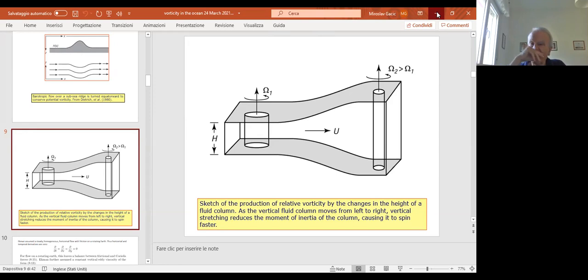Because you remember before, we tried to interpret the global ocean circulation, the global conveyor belt, in terms of the differences in temperature and salinity between equatorial and polar areas. Now we will try to describe or interpret the global conveyor belt, the global ocean circulation, in terms of the wind influence.